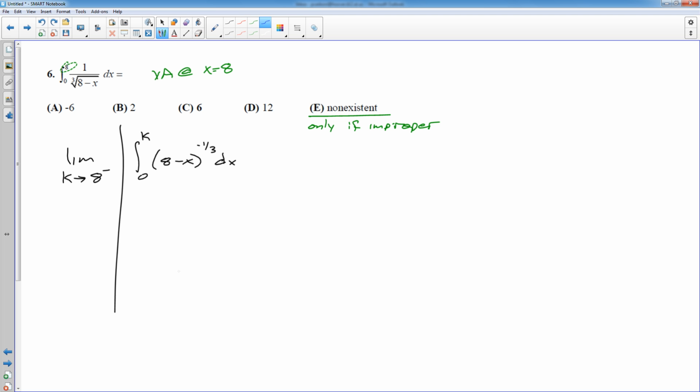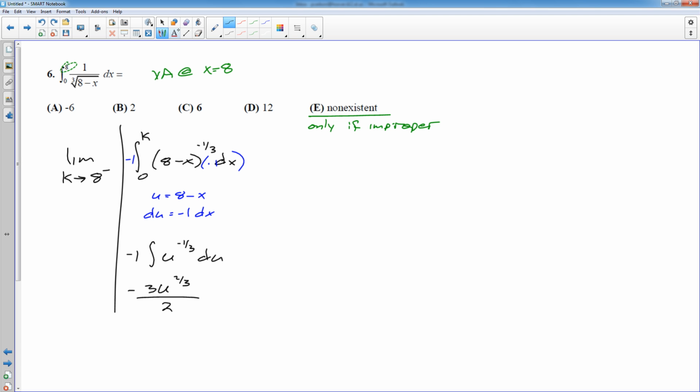I guess we could do u sub to explain this in full detail. U is going to be 8 minus x. Du would be negative 1 dx, so I'm missing a negative 1. I'll put a negative 1 there and offset it with a negative 1. So that's negative 1 times the antiderivative of u to the negative 1/3 du, which will be u to the 2/3 divided by 2/3, which is times 3/2.